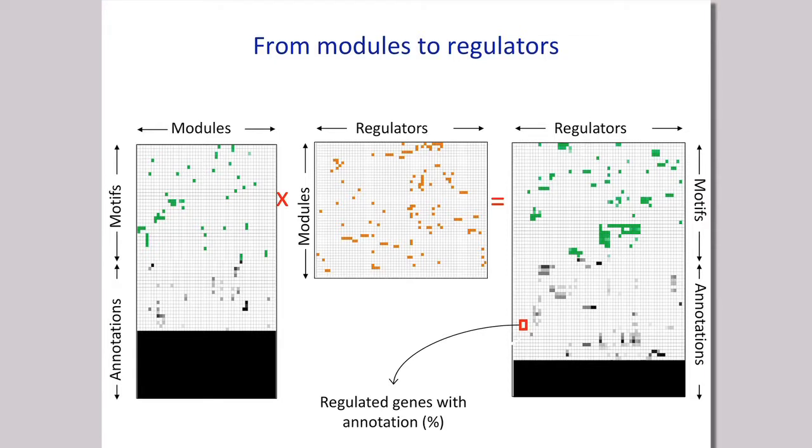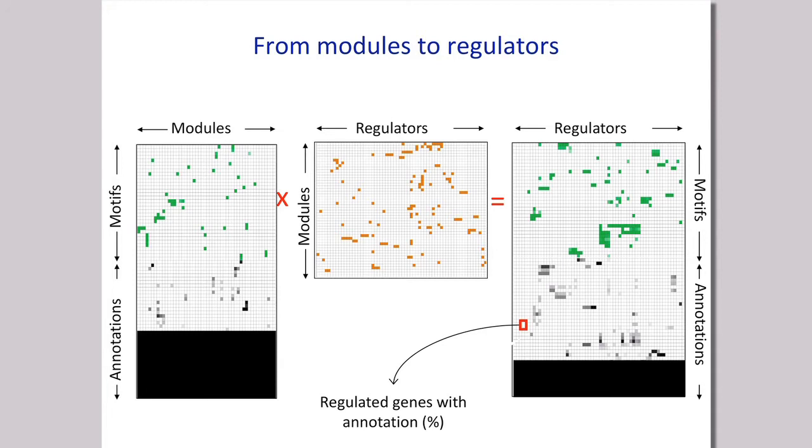So in the columns here, we see the different modules, right? And I already showed you that we can test which binding motifs are enriched in them and which functional annotation. Now each module, as you remember, is associated with a set of regulators, right? And now if we take these two matrices and we multiply them, we end up with an annotation of the regulators.